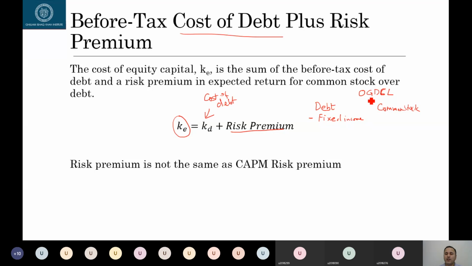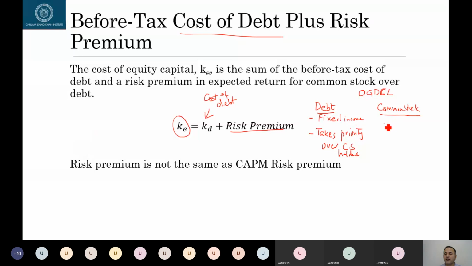So no matter what, whether OGDCL makes money or not, the debt holders, the bondholders, will get their return. If the company liquidates or defaults, they take priority over common stockholders. They will be given their money first.